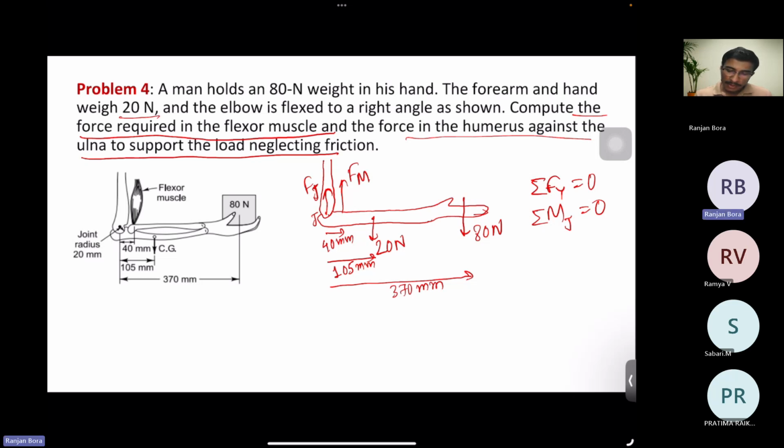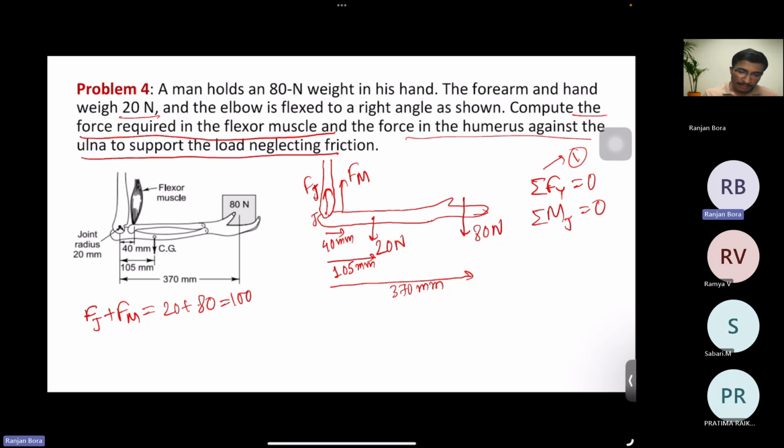So how to solve it? Using the first equation, summation of Fy equal to 0, what do we get? Fj and Fm are acting vertically upward, so Fj plus Fm equals 20 plus 80. It will be 100. So we have one equation. What will be the second equation? In the second equation, we take the moment about point J. Summation of the moment about point J is 0.